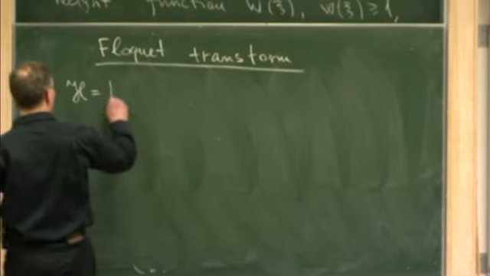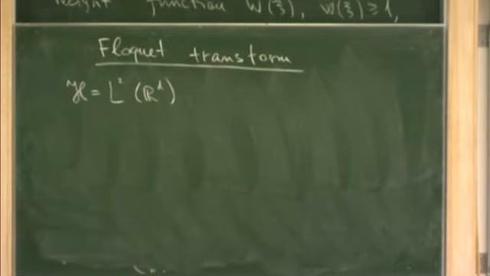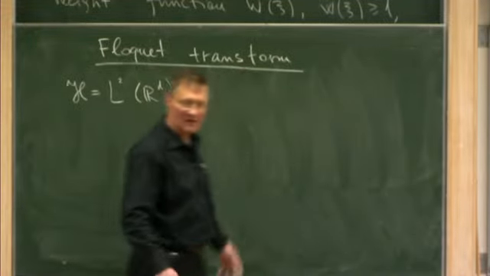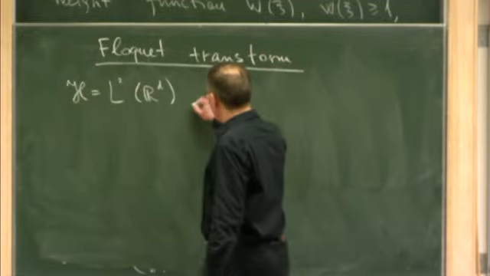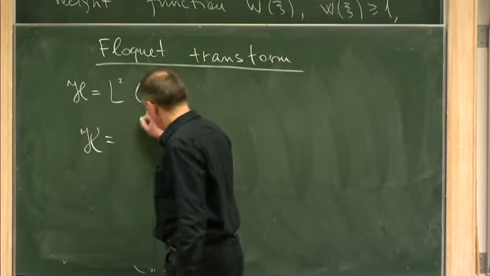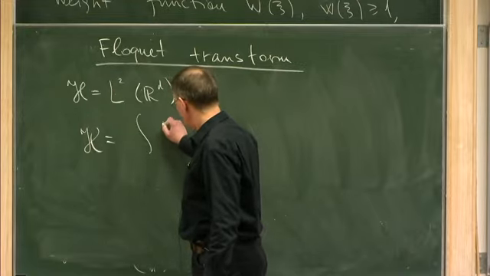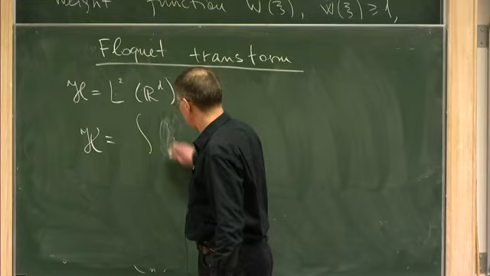I will denote this by curly calligraphic H. This is the Hilbert space we are working on. I will identify this space with the direct integral. Okay, I can write straight away.